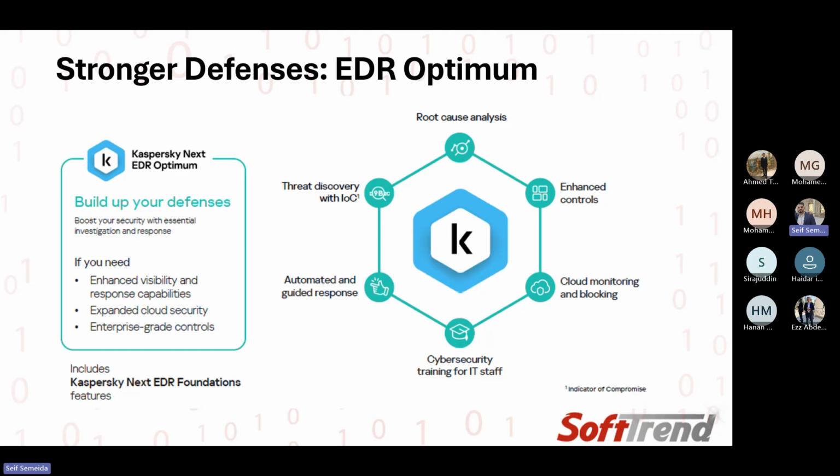You also have the cybersecurity training for your IT staff, automated and guided response, and threat discovery with IOC, or indicator of compromise. That is a really important feature that we're going to discuss also in the coming slides. Optimum provides you with expanded cloud security and enterprise-grade controls at a significantly lower cost in comparison with other solutions in the market.